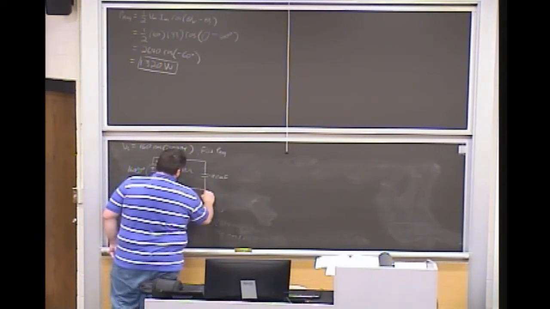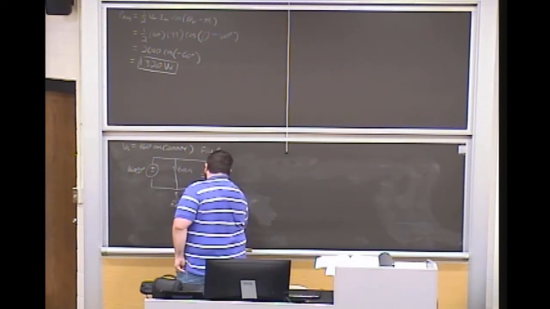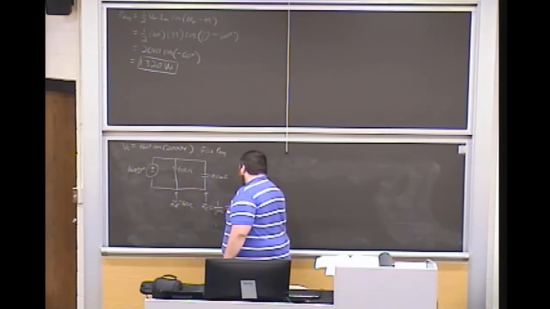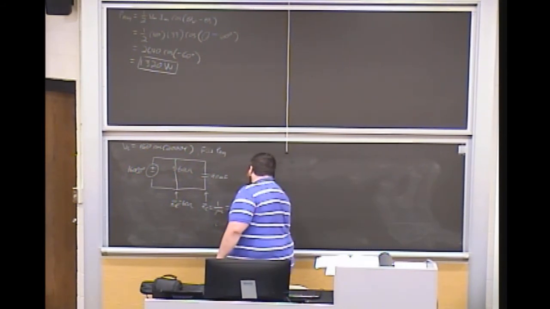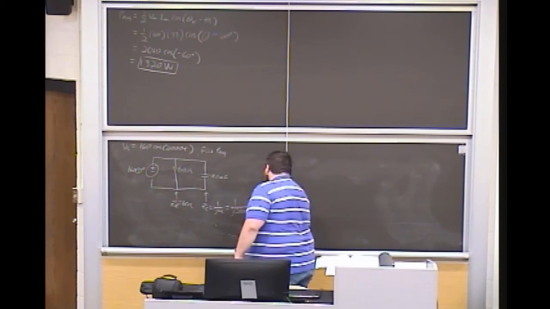And then ZC is going to equal 1 over j omega c, which in this case, omega is 2000. So this is going to be 1 over j times 2000 times c, which is 90 times 10 to the negative 6th farads.